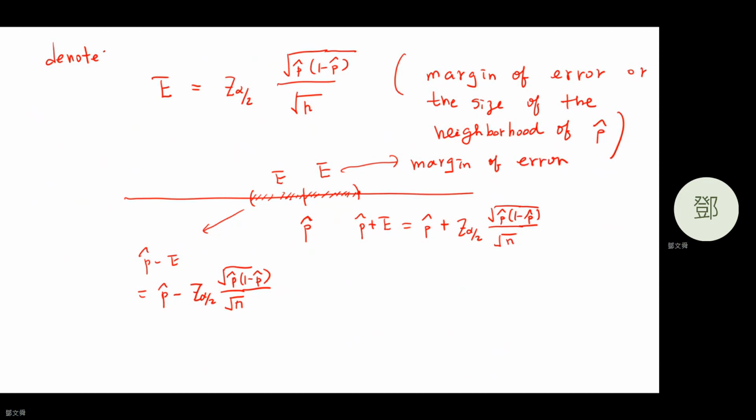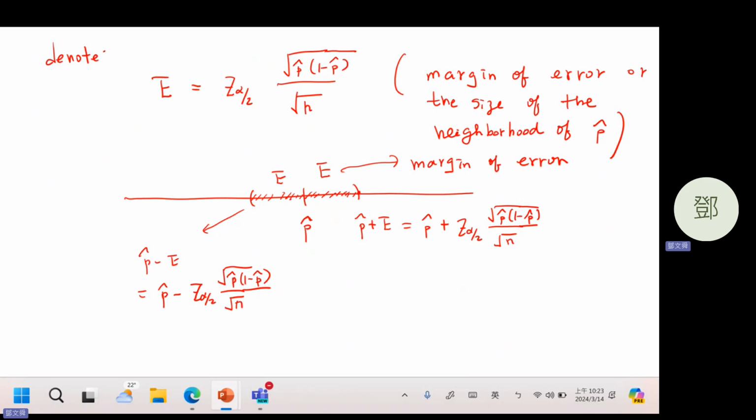So it is very likely, because the probability is 90%, that the true p lies in a neighborhood of the fake p.